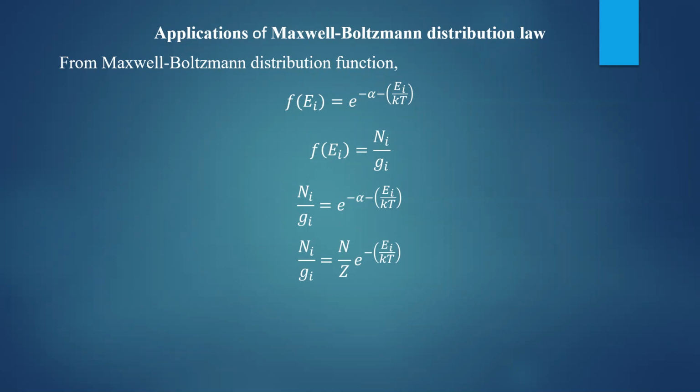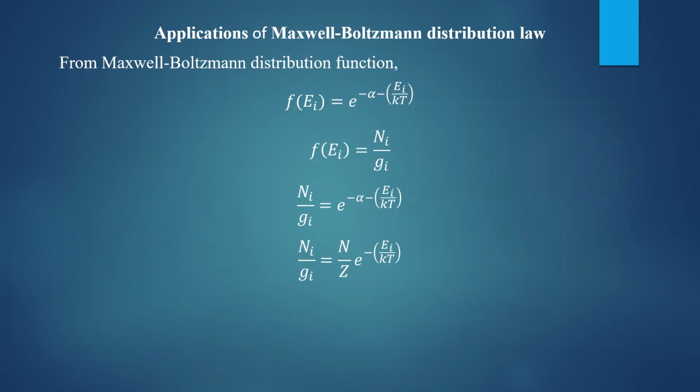So that is given by the equation Ni by Gi is equal to N by Z into e to the power minus Ei by kT, where Z is called the partition function.